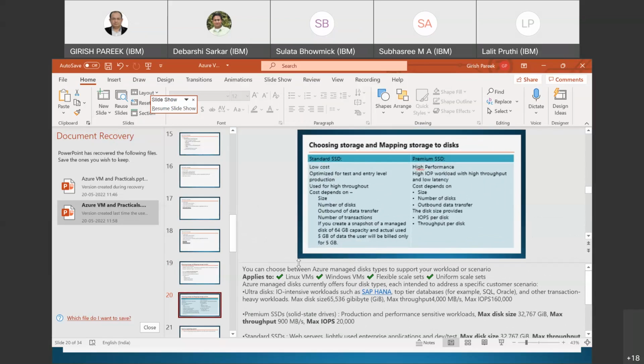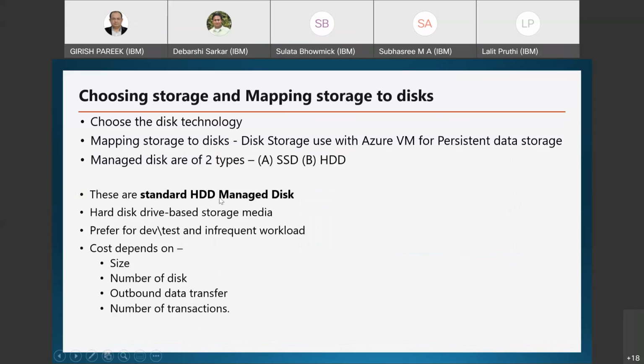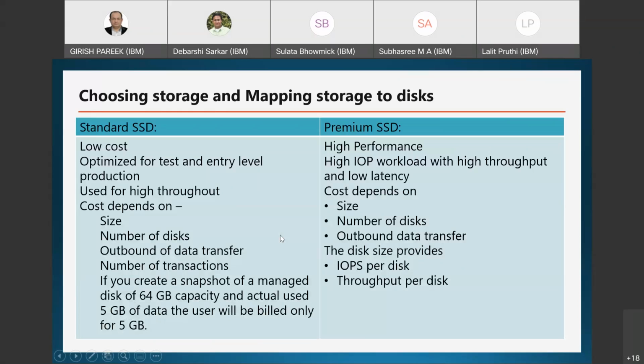We will discuss that later. But right now you can think of SSD and HDD, and within the SSD there are two types of disks: the premium disk and the standard disk. Within these disks, again, you have the concept of VHD, and the VHD is a page blob based disk, and this disk is like when you are creating it.